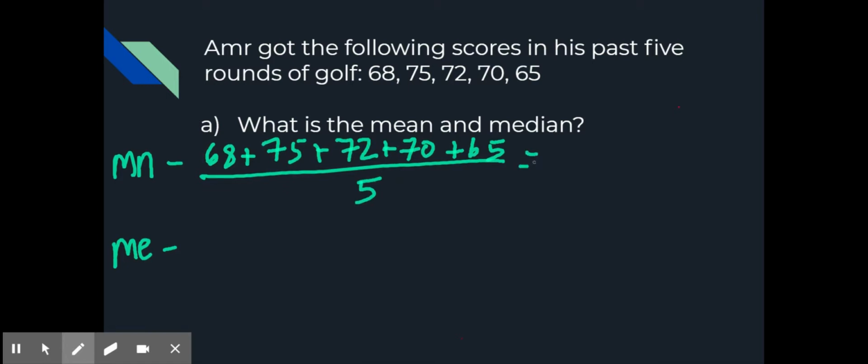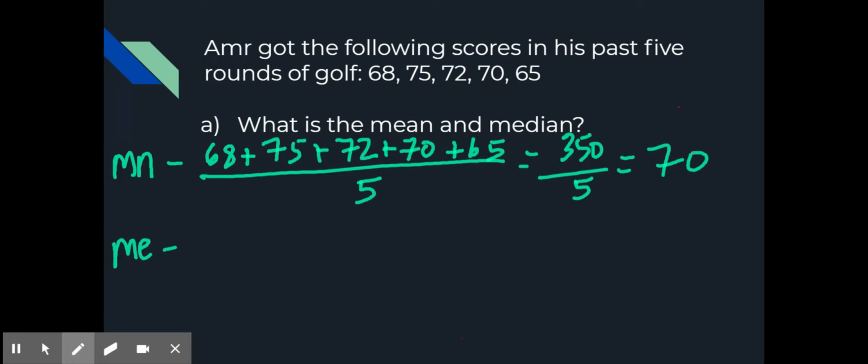Give me a moment to type this in. You might actually want to pause this video and try this on your own. You could try this whole example on your own. All right, I get 350 for the numerator divided by 5, and when I divide it, I get 70.